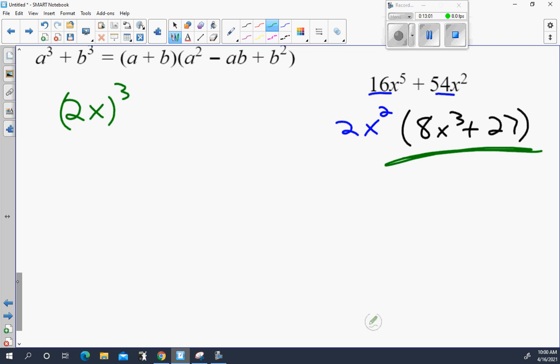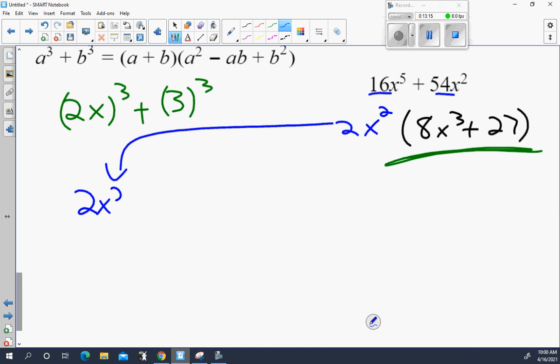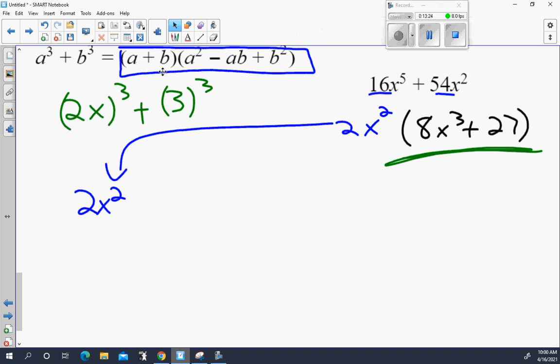And B would be 3. Okay, so I'm going to bring this 2x squared down and put it right out in front. 2x squared. And then I'm going to take this whole chunk and put it in front, or right next to that 2x squared.